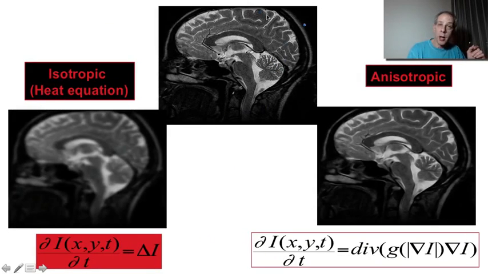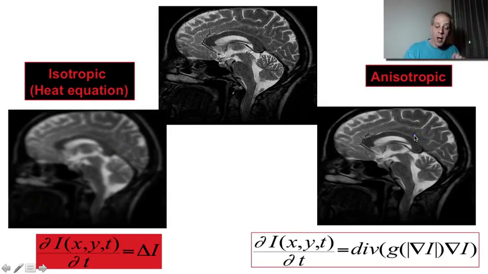This is an original image, and if we do Gaussian smoothing or averaging, we know that we're going to blur. We blur across the boundaries because it's just mixing pixels from different objects, and that's what we see here.